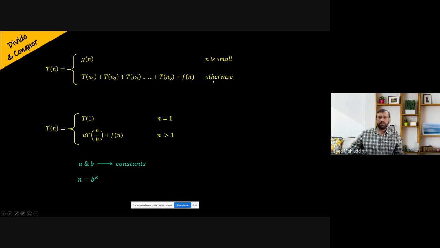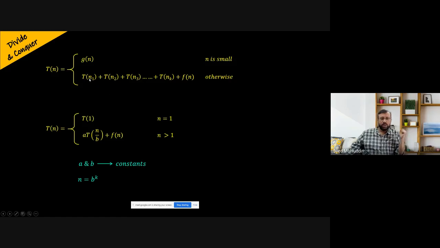Otherwise, if n is greater than 1, we divide n into n1, n2, n3, which obviously sum to n, but we say that n1, n2, n3 are equally divided by some constant.